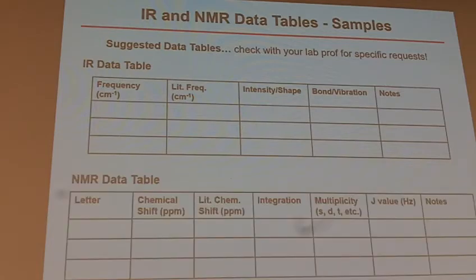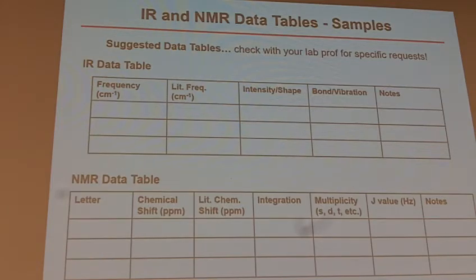For NMR, we've got this table, and like I said, I'll put the PowerPoint up on Moodle so you've got this for reference. A lot of this won't necessarily make sense right now with the first lecture that you've had, but as you go through the week and by the time you get to next week, a lot more of this will make sense as far as what's going into this table, okay?